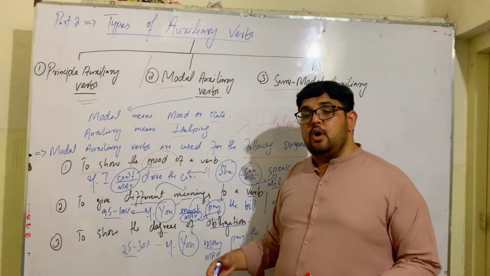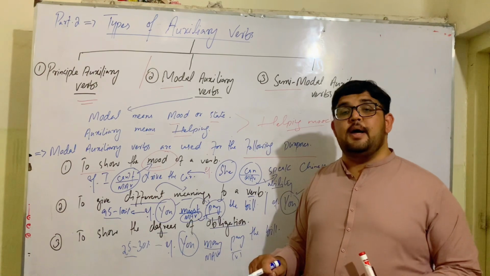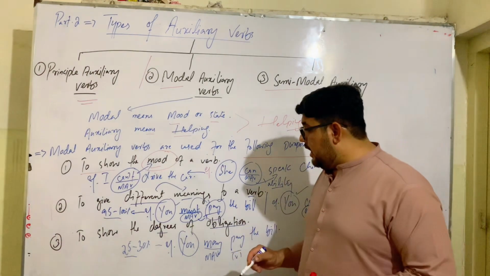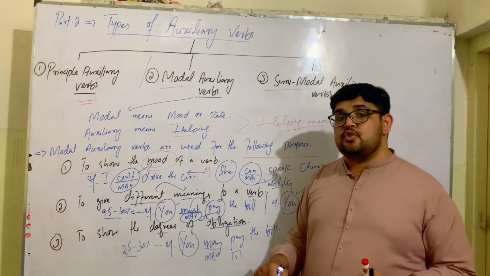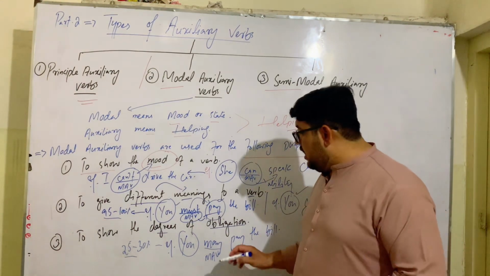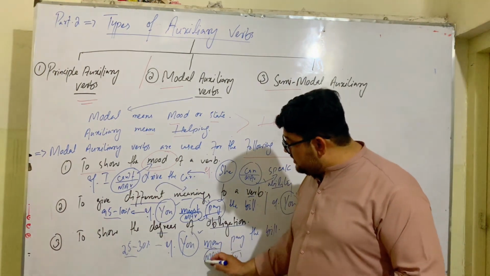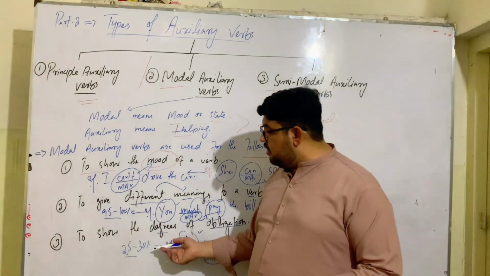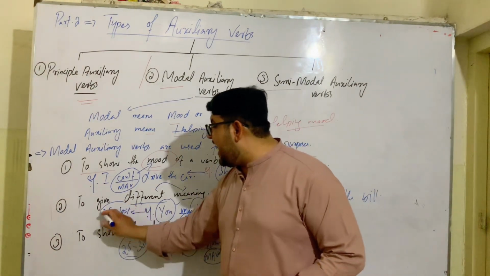There is no seriousness or compelling. No one can issue an order to the subject to perform this action. Because the degree of obligation is lower as compared to must, which is higher.